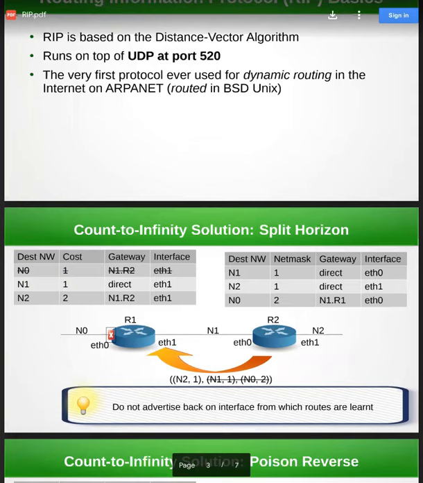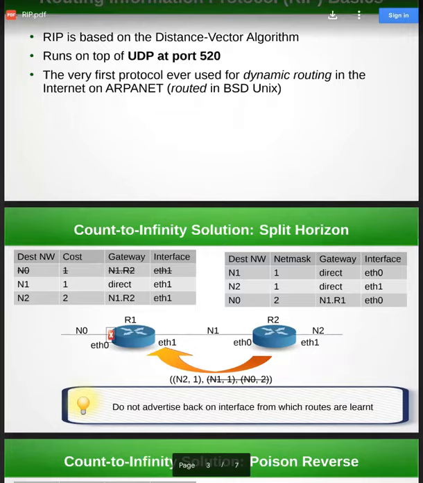I want you to work out how this solution, which is called the split horizon solution to the count to infinity problem, is sufficient for avoiding the problem when you do not have a cycle in the graph. But when you have a cyclic graph, it's not sufficient. I would like you to work that out by yourselves.